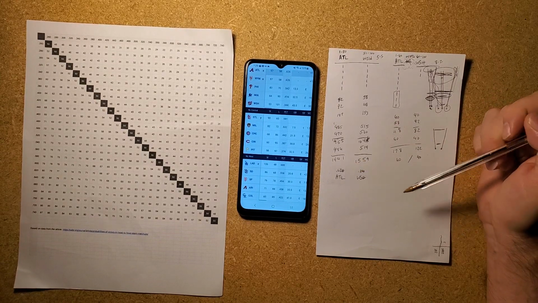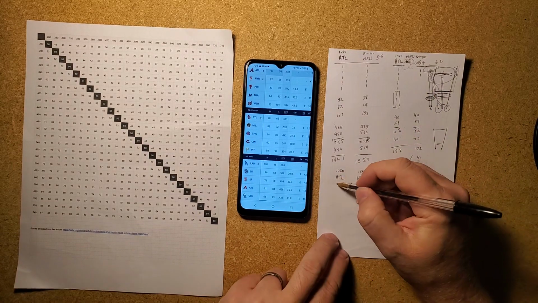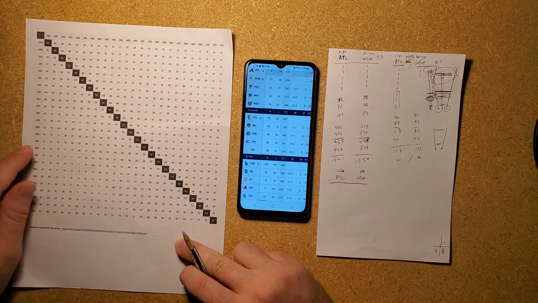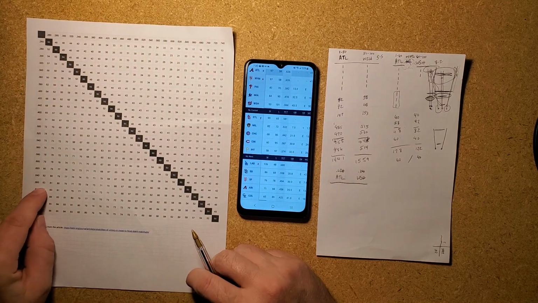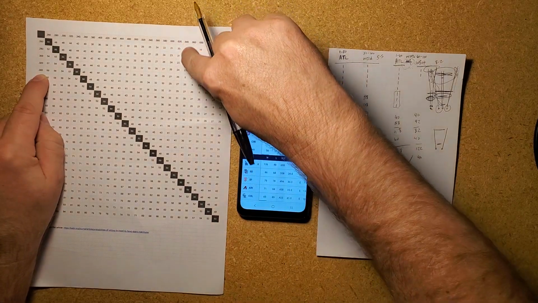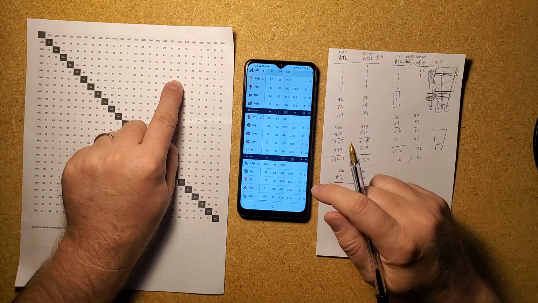So 620 and 340, and let's say they're playing in Washington. The way I do it is I take the home team down the left side, visiting team down the top side, and we have 340 is the home team, and 620 is the away team, and they meet right here at the 26.